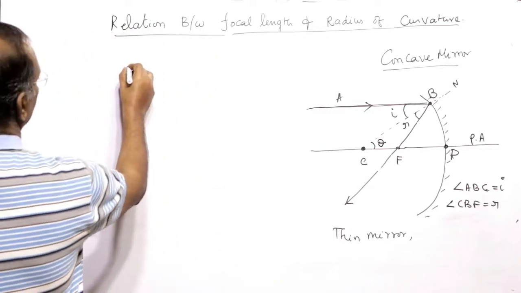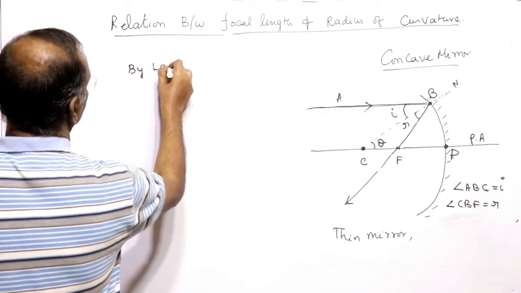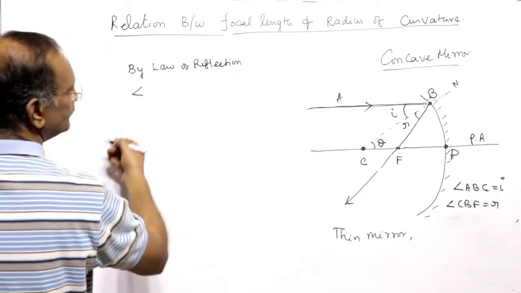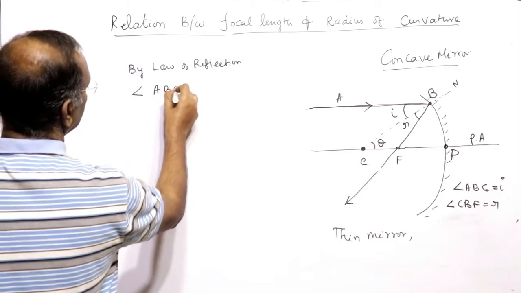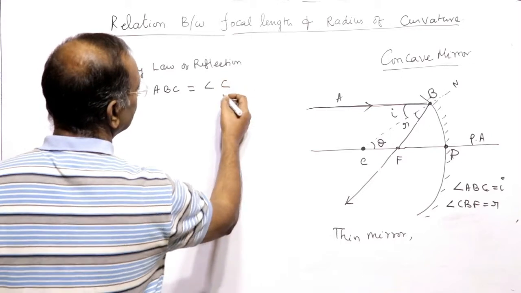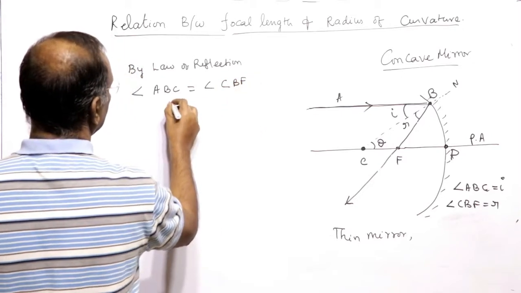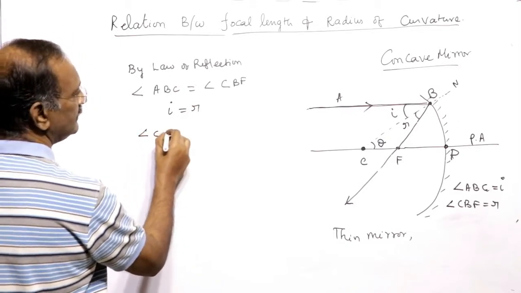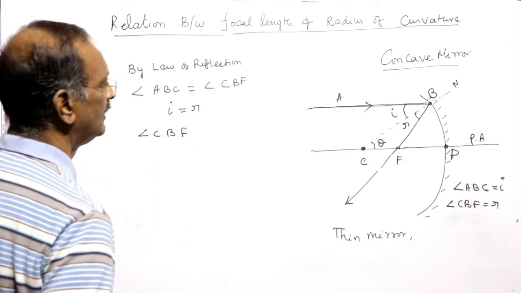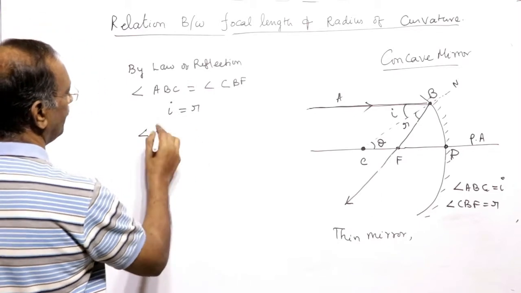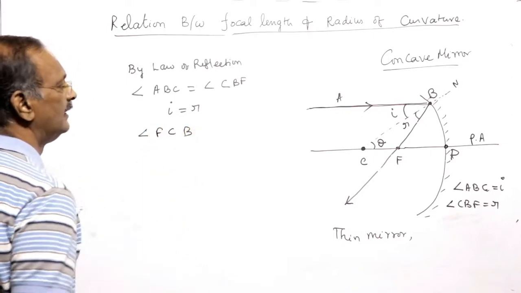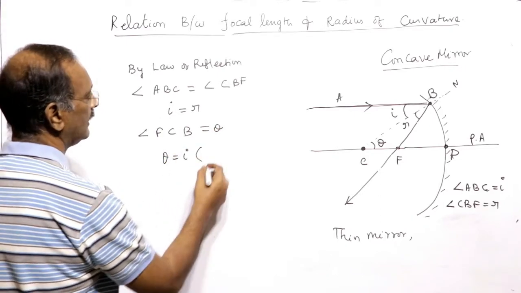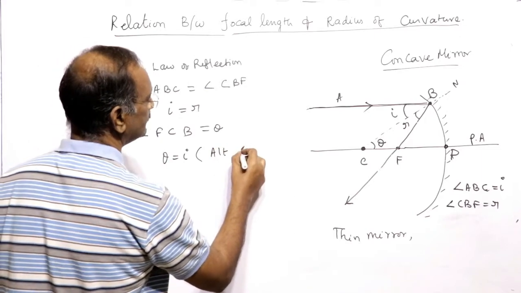Since by the law of reflection, angle ABC is equal to angle CBF, that is I is equal to R. Angle FCB we call theta, and theta is equal to I because they are alternate angles.